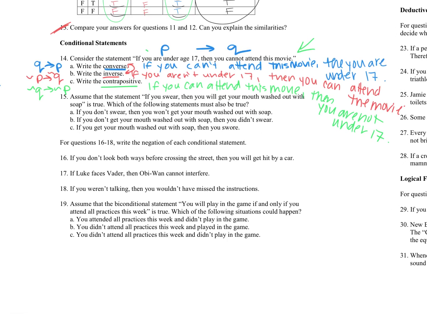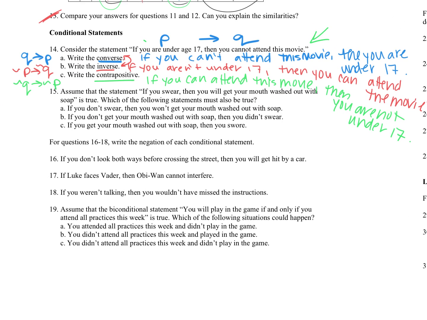Okay, for part 15, assume the statement, if you swear, then you will get your mouth washed out with soap, is true. Which of the following statements must also be true? I'd like to denote these. You could read through them and see in English what makes sense, but I like to picture these as conditionals. So P is if you swear, Q is you get your mouth washed out with soap.